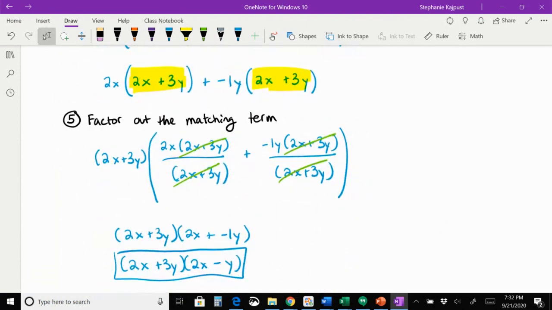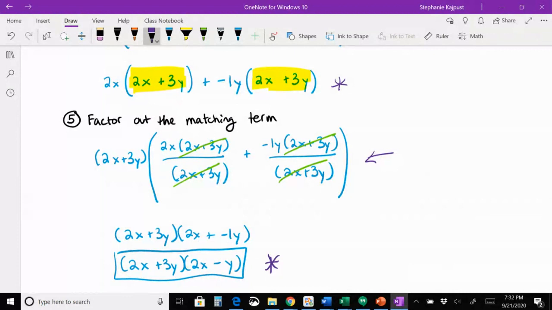Now the trick with factoring by grouping is that I usually don't show this step right here. I usually just go from the step before to this step on the bottom because I notice a pattern, and this is a pattern that will happen every time: what's in parentheses will always end up in front, and then you'll have a second set of parentheses, and that comes from the GCFs, your 2x and your -1y.